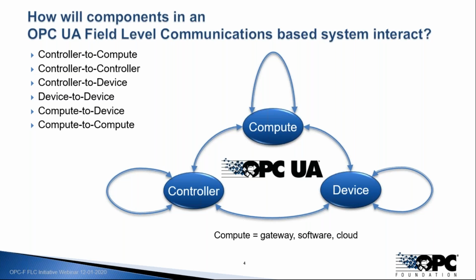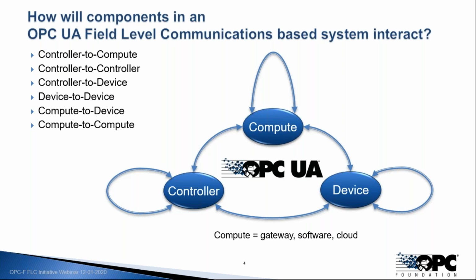There are more and more use cases for devices needing to communicate with each other to coordinate their activities amongst different peers without necessarily interaction from the controller in every round trip of that communication. So the controller might provide some command and set point information, and then the devices coordinate their activities between themselves in order to complete some sort of task.